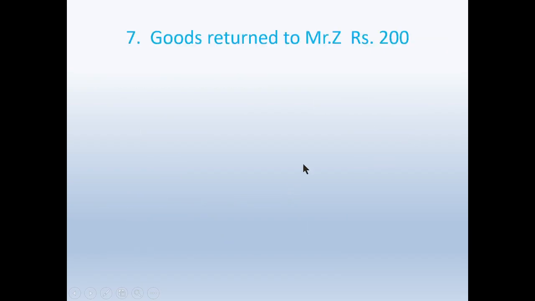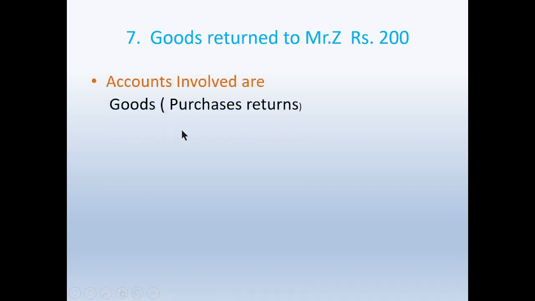That's all. Next, goods returned to Mr. Z rupees 200. So in the previous example, we purchased goods worth rupees 1,000. Out of that, we returned rupees 200 worth of goods. So the name of the account is purchased goods returned, that is called purchases returns, and to whom we paid?